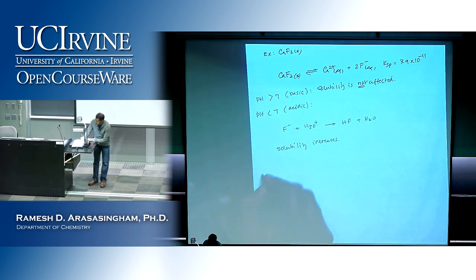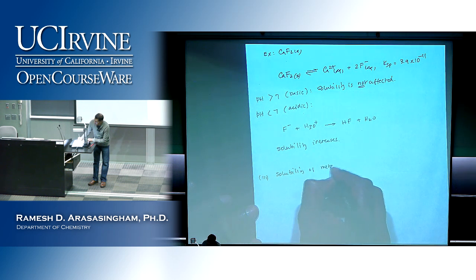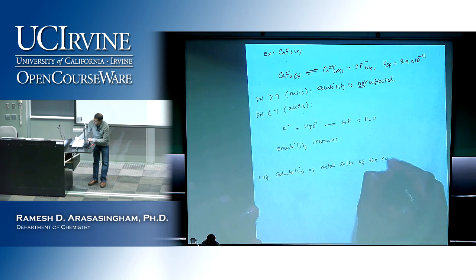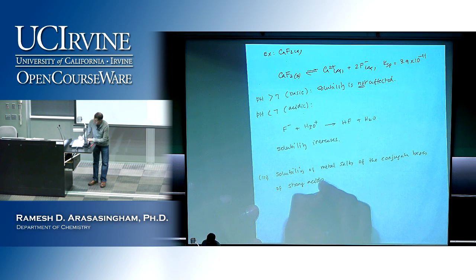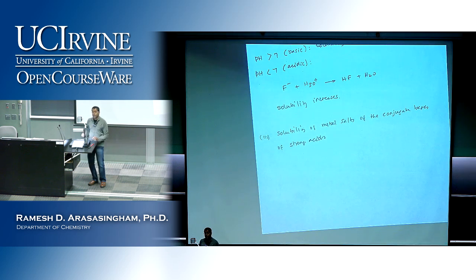Okay? Now the third scenario is solubility of metal salts of the conjugate bases of strong acids. All right?